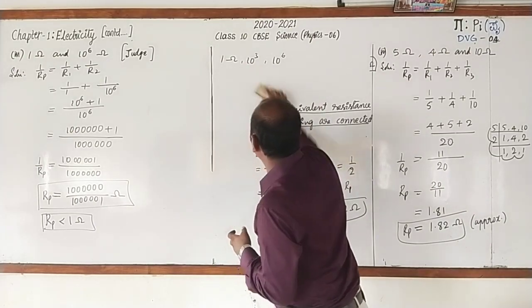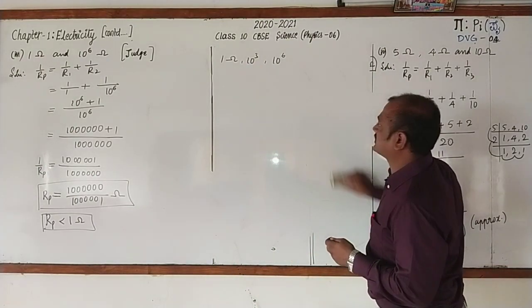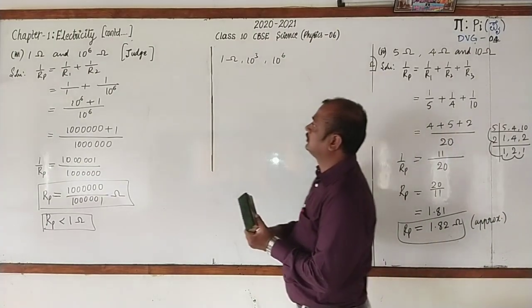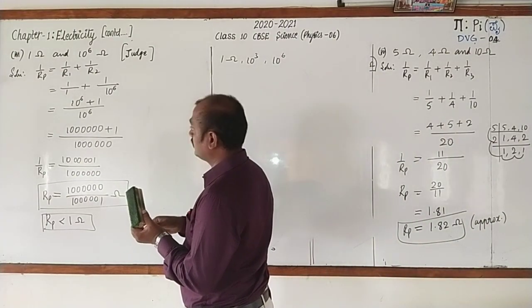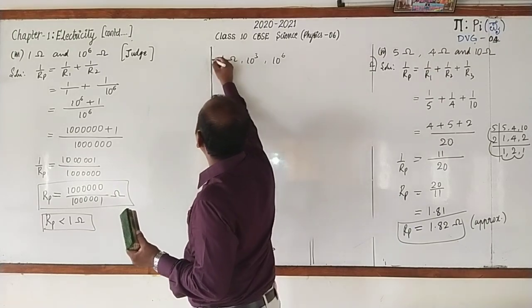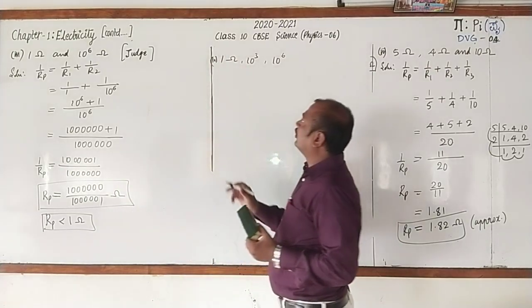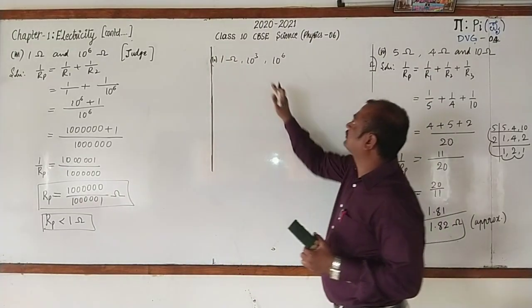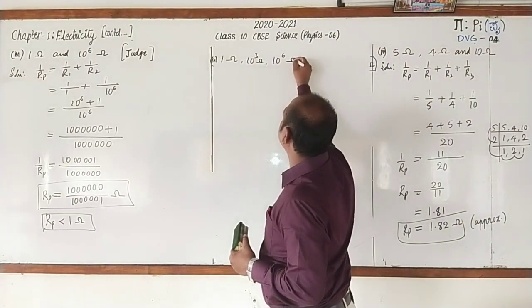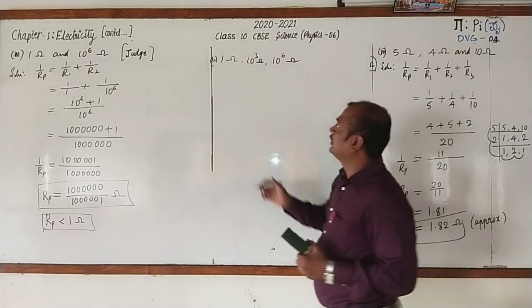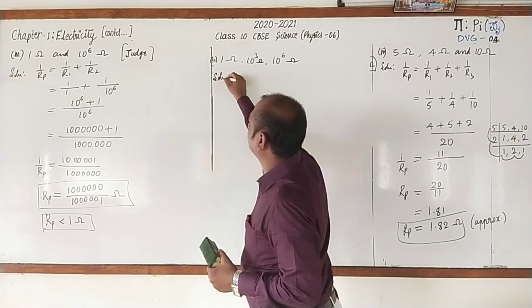See that here 3 resistors are given. This is the fourth one: 1 ohm, 10 raised to the power 3 ohm and 10 raised to the power 6 ohm. Let's go for finding the value of this.